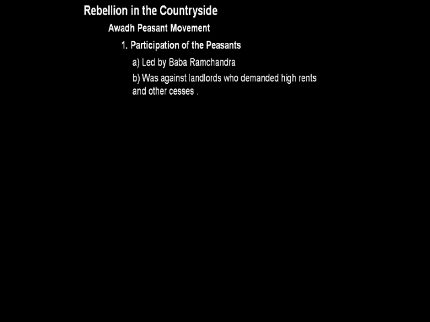Other than the regular taxes, they had to do various activities for the feudals or for the churches, for which they were not paid. So here in India also, the landlords, other than asking for high rents and high taxes, asked for other cesses. For example, farmers would have to work for the landlords and they would not be paid for that. You can indirectly say it was begar, but the farmers could not revolt against that. They could not deny it.